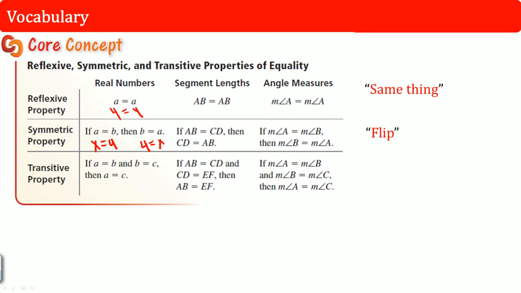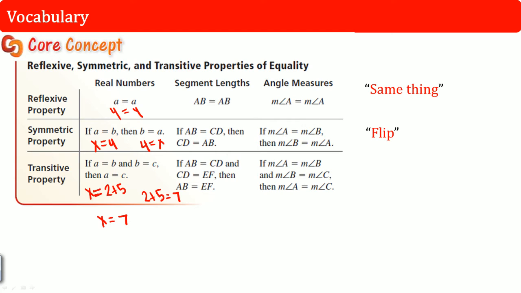Next, the transitive property. The transitive property is like when you're transferring something. So if A equals B, let's say X is equal to 2 plus 5, and we know that 2 plus 5 is equal to 7, so we know that X is equal to 7.